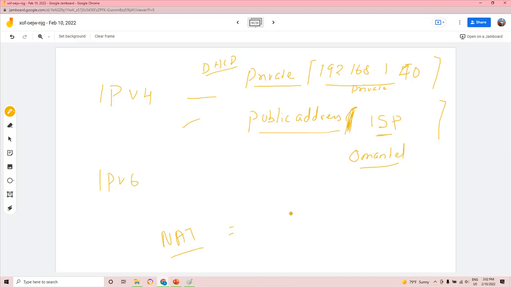What NAT does is map, that is translate, private to public. The NAT service will be available in any organization. Even our home routers have a NAT service. It has some public IP address that will translate the private IP available on our machine to the public IP. Only then can our packets be transmitted across the internet.